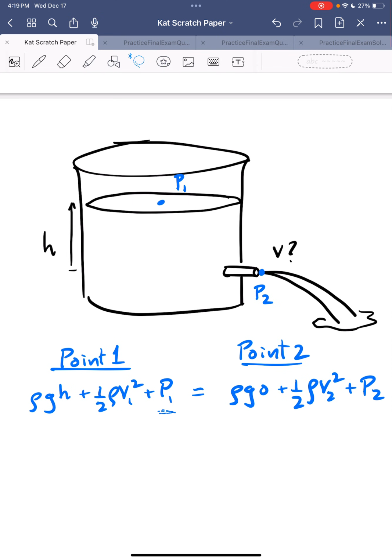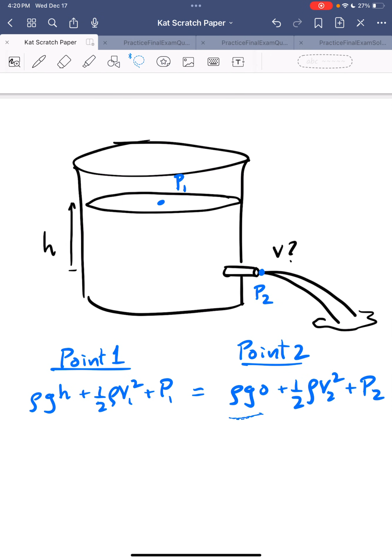So for point 1, it's elevated at height h. Point 1 is above point 2 by a distance of h. Whereas for point 2, we'll call this ground level, the point that we're going to compare it to, so we'll say it has a height of 0. So that's the gravitational potential energy of point 1.